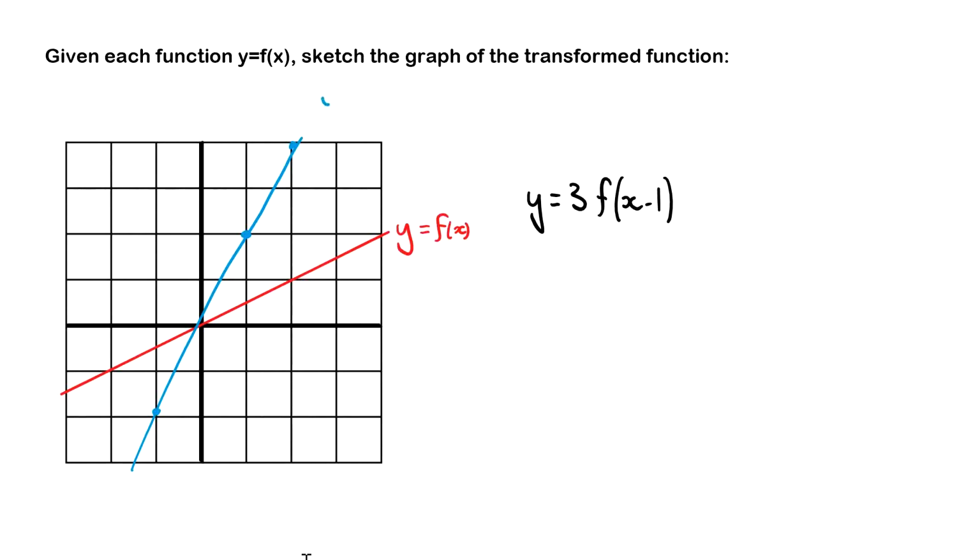Alright, so that would be our y equals 3f(x). But we have a minus 1 there, so we have a horizontal translation to the right 1 unit. So our blue line now moves to the right 1 unit. So our green would be y equals 3f(x minus 1).